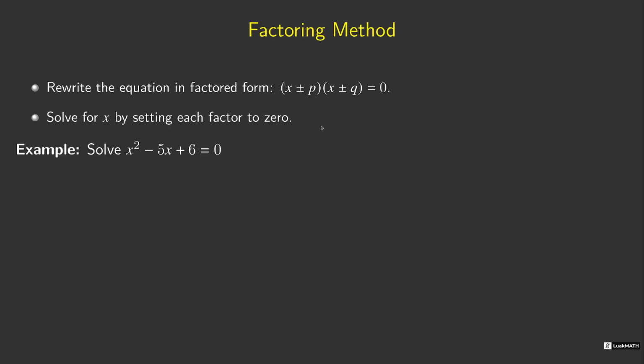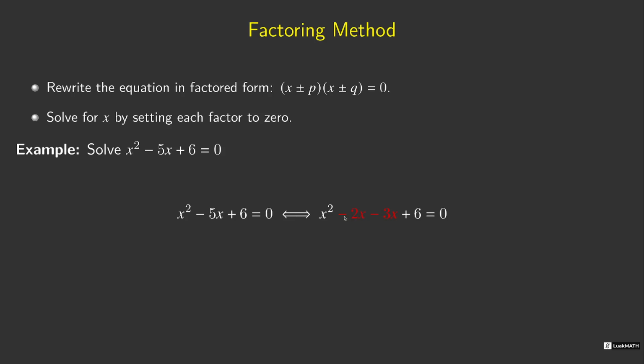Okay, so let's look at a specific example. We have x squared minus 5x plus 6 equals 0. So this is a quadratic equation because the highest power is 2 here. Now we can factor. Remember, whatever I show you here is not the only way. There are other ways you can factor, but for this equation, x squared minus 5x plus 6 equals 0, I can write it this way.